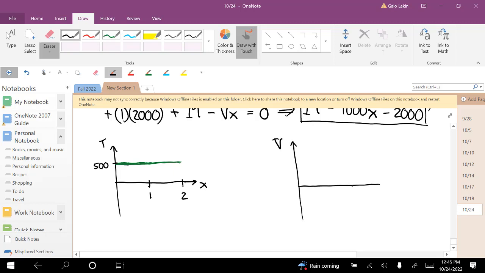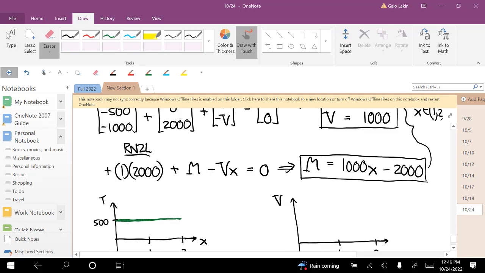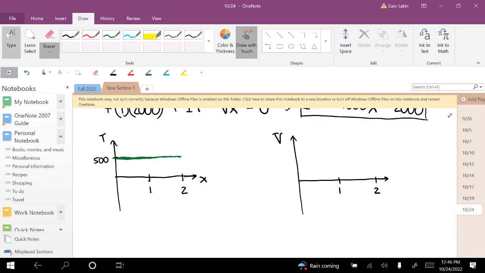And then for the shear force, we have negative 1,000 and then positive 1,000. So this on the first half, this on the second half, connect them like a crazy person.